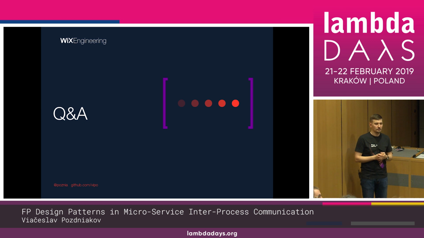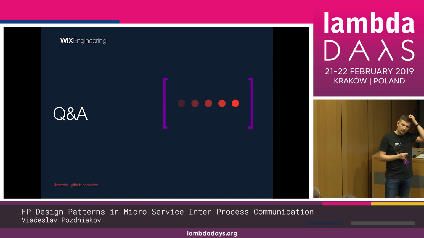Just out of curiosity about the technicalities of this context passing, how is it propagated? What is the transport medium? Is it like an implicit IDL extension, or how do you propagate this context? Look, it really depends on the protocol you use.